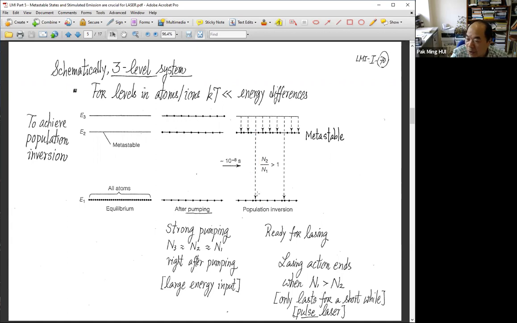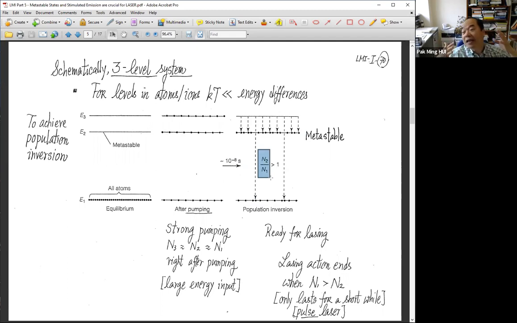But that doesn't hurt as long as this is fast. And therefore, a short while, okay? That has to do with the lifetime, okay? A short while after pumping, you have more atoms in level 2 than in the ground state level 1.